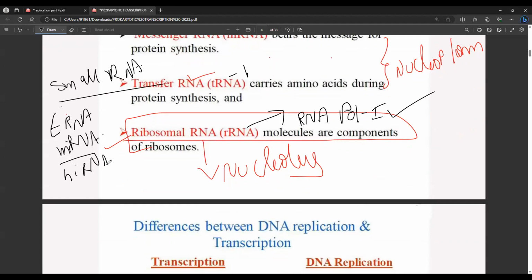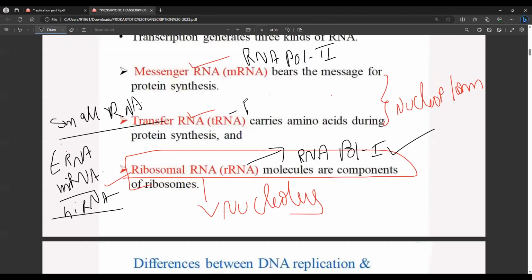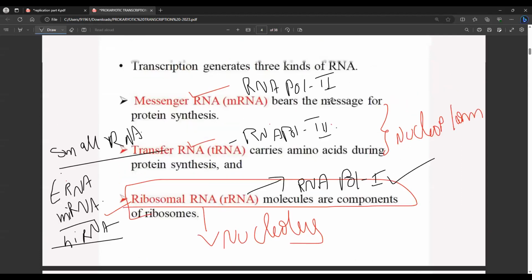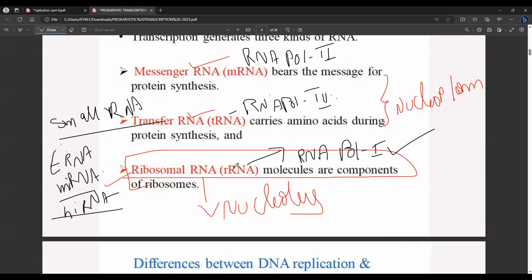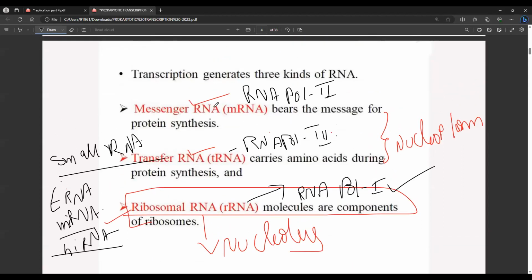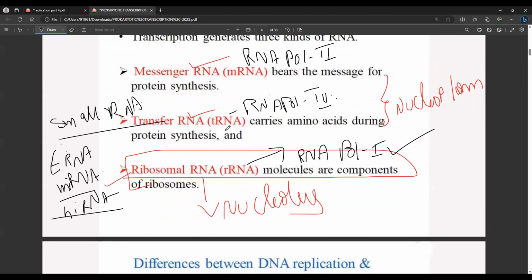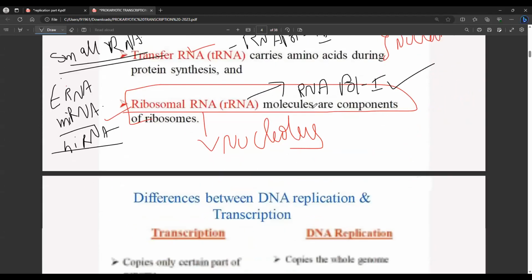They are all small RNAs. All the small RNAs can be synthesized by RNA polymerase 3. Friends, please do not get confused with that. Pol1 synthesizes rRNA, Pol2 synthesizes mRNA, and Pol3 synthesizes all the types of small RNAs.